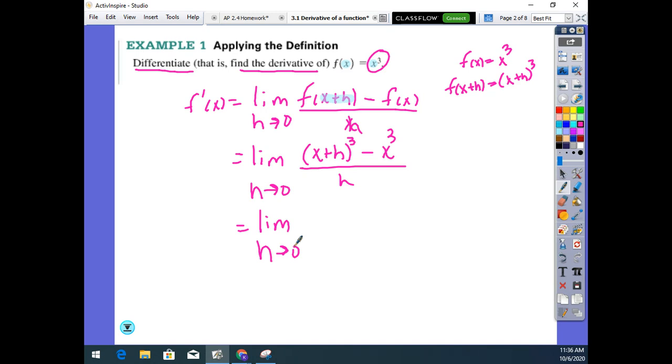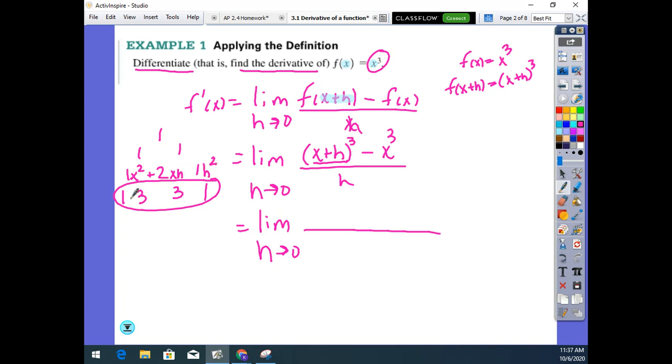If I need to expand x plus h to the third, truly the easiest way to do this is using Pascal's triangle, if you remember this. These are the coefficients when I expand this. Think of it when it's squared, it's 1x squared plus 2xh plus h squared.